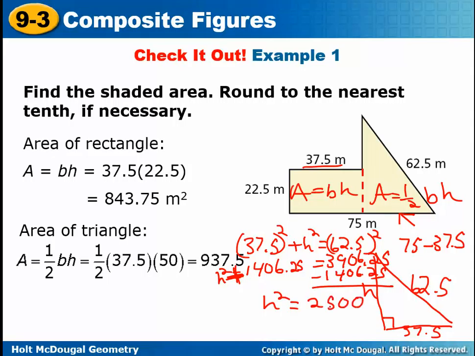I guess I could have subtracted that faster. The square root of that is 50. So once I take the square root of both sides, I get that the height is 50.